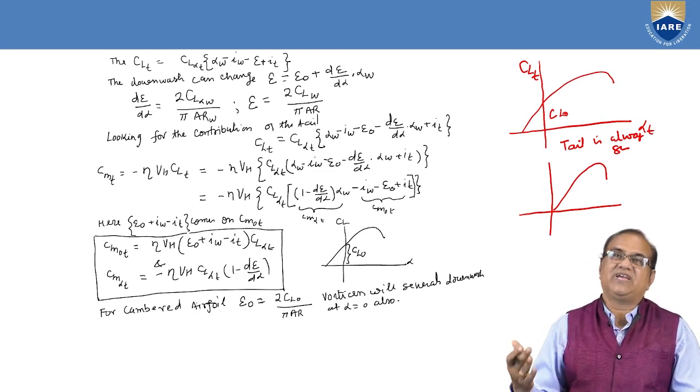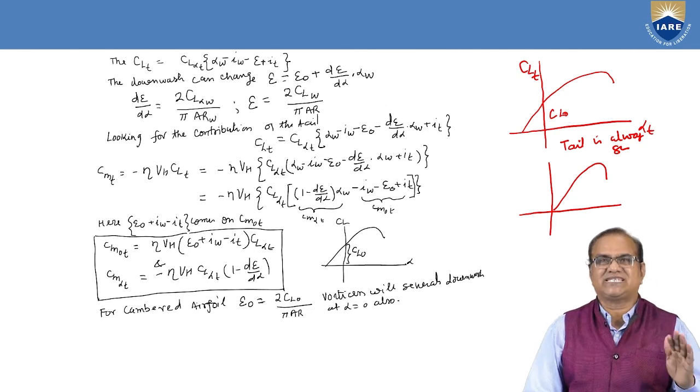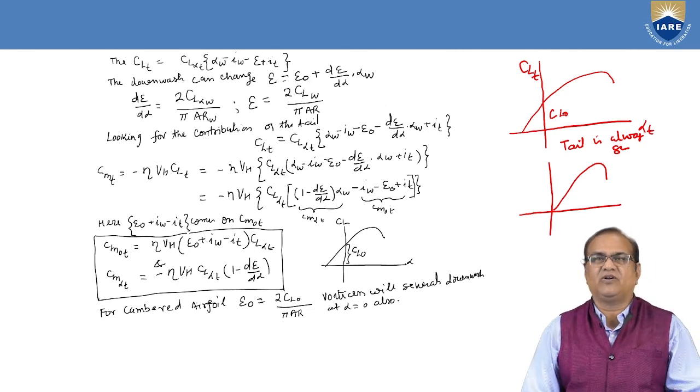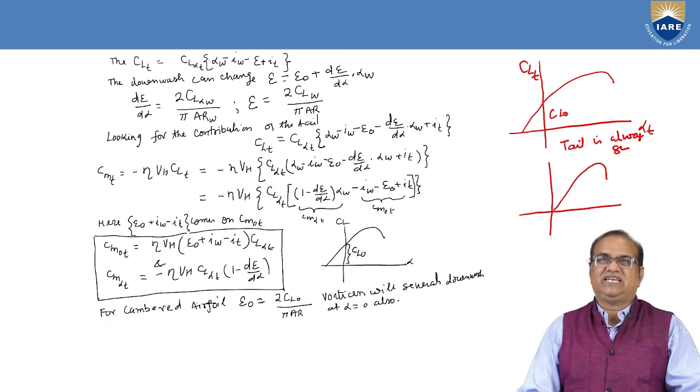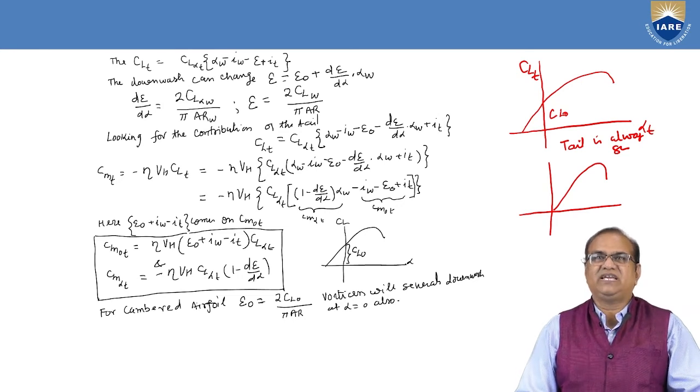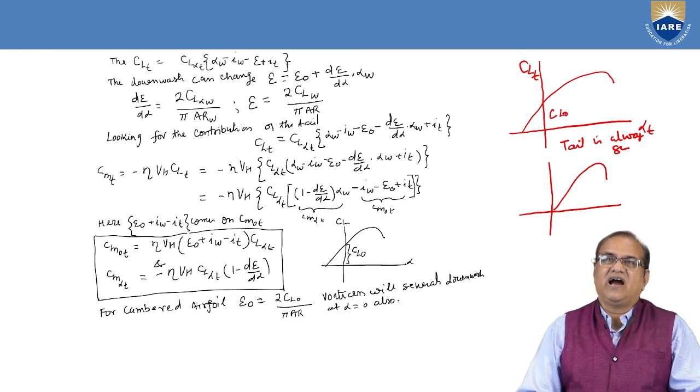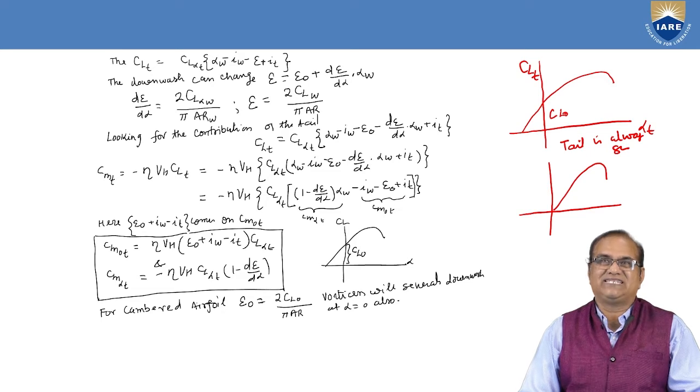But we are assuming, and mostly it is correct also, that in most aircraft the horizontal tail is made of a symmetrical airfoil. So we take CL naught as 0. So CLT is equal to CL alpha T in brackets alpha W minus IW minus epsilon plus IT.